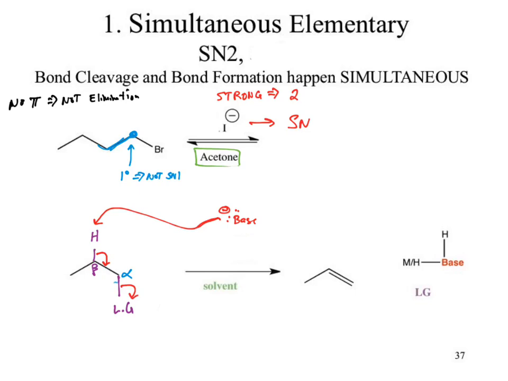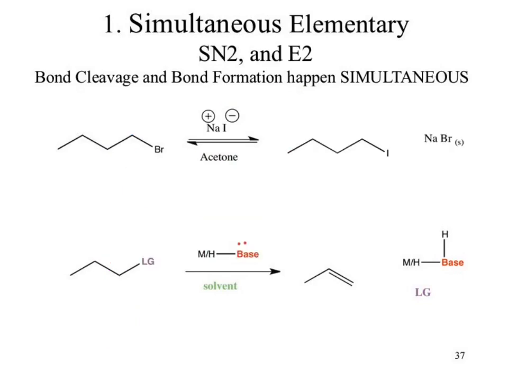That better represents what? The anticoplanar alignment. Okay? So that's our basic mechanism for the E2, one that we talked through already.